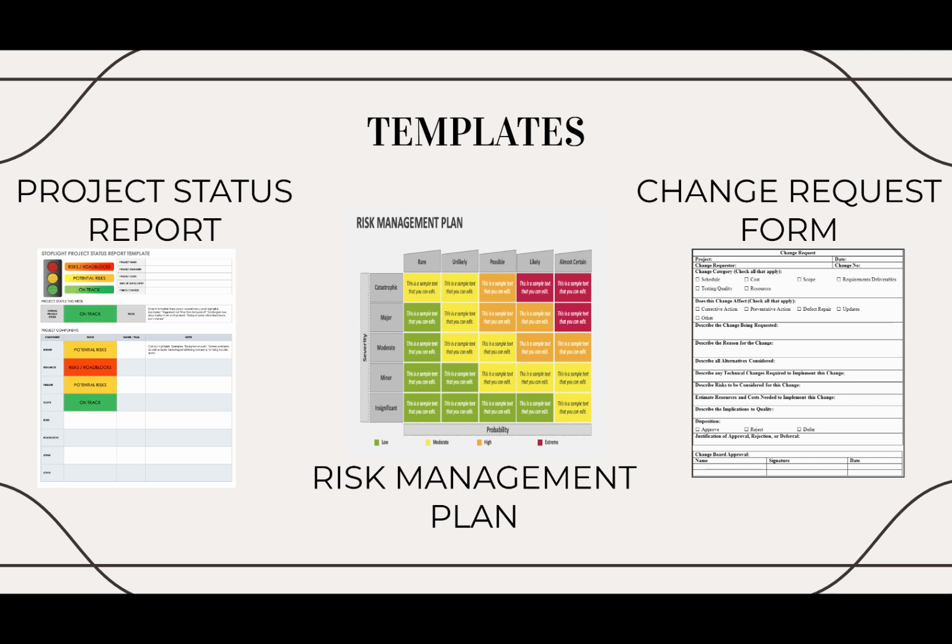Together, all these templates provide a structured approach to managing projects effectively and ensure that all aspects are monitored, controlled, and communicated efficiently. In conclusion, the monitoring and controlling process groups act as the overseer over the whole project by communicating with the other process groups and accomplishing their tasks.